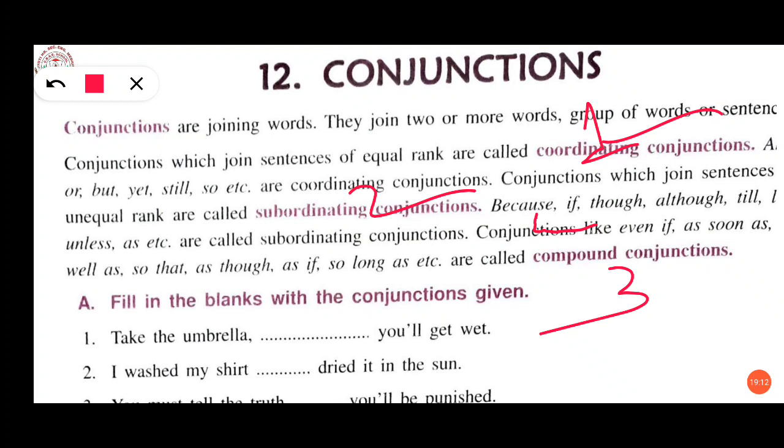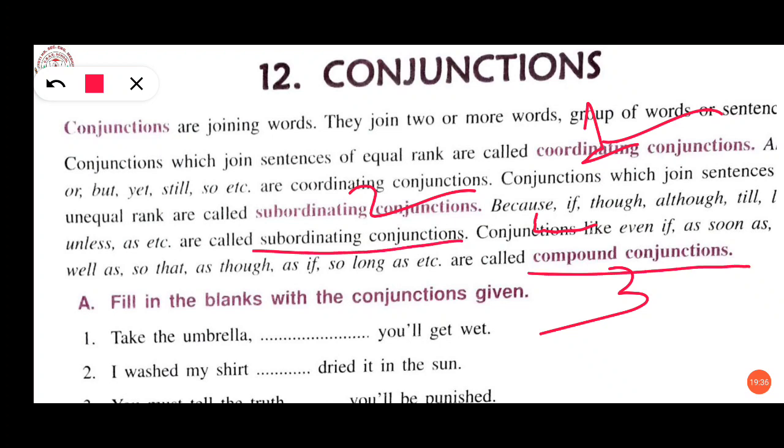Okay, now second is subordinating. What are subordinating conjunctions? Conjunctions which join sentences of unequal rank. We will see examples of all these, students, then only you will understand. Because, if, though, although, till, unless, as, etc. come under subordinating conjunctions.